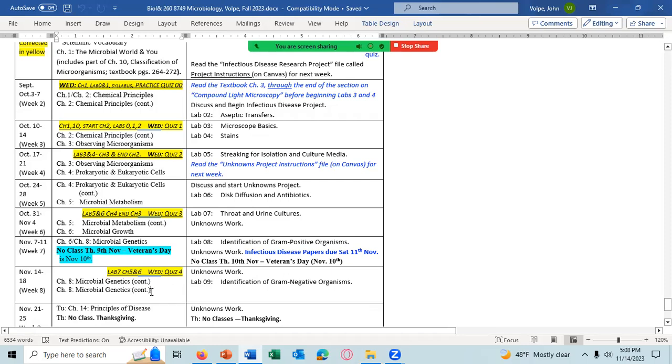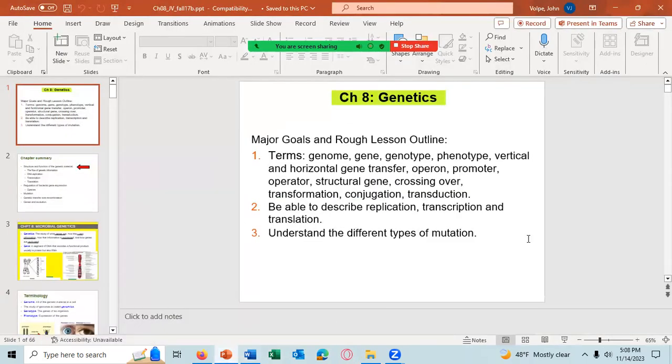All right, let's go on to chapter 8. And thank you for your assistance in reminding me where we were. So this is chapter 8. This slide is showing you the major goals and a rough lesson outline. Know the terms. What's a genome? A gene, a genotype, a phenotype. What is vertical and horizontal gene transfer? What is an operon? What is a promoter?